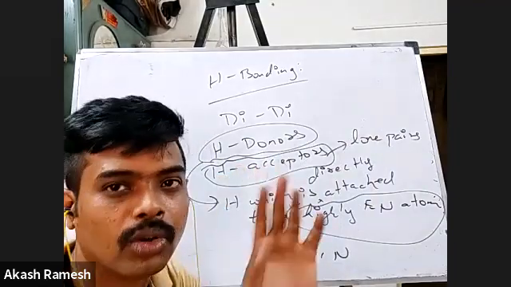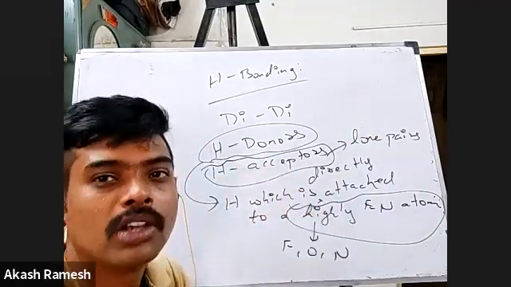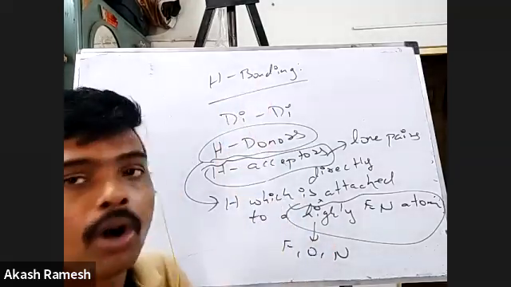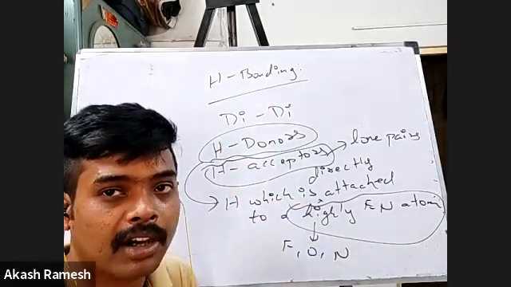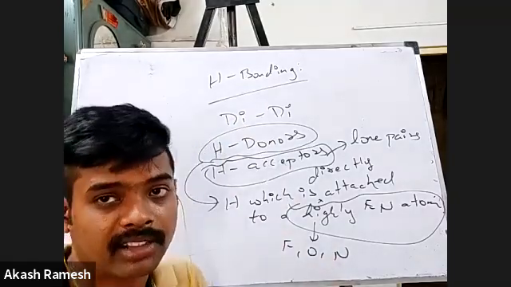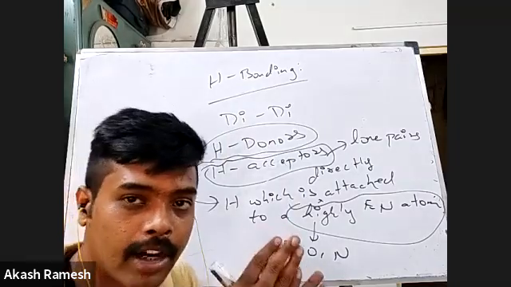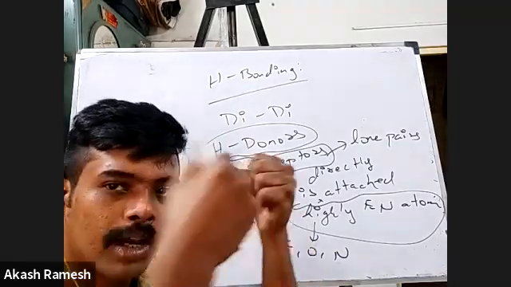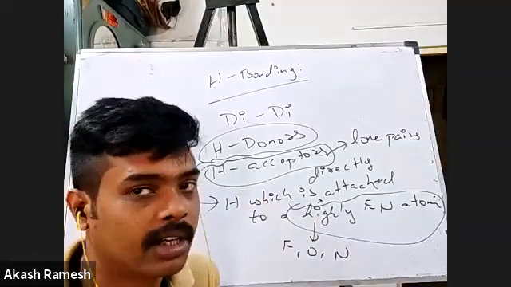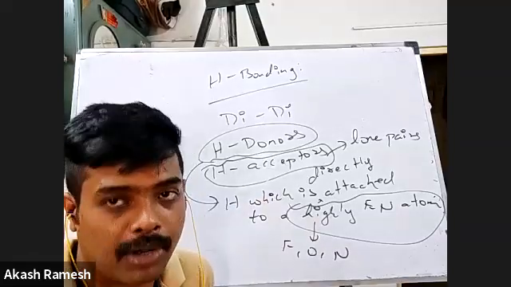If you have these two, hydrogen bonding is possible. So obviously the type of secondary bond we are speaking about is going to be between the hydrogen donor and the hydrogen acceptor. Between them, I'm going to have some temporary bond, or say a secondary type of bond, that is hydrogen bonding, which is going to get formed here.